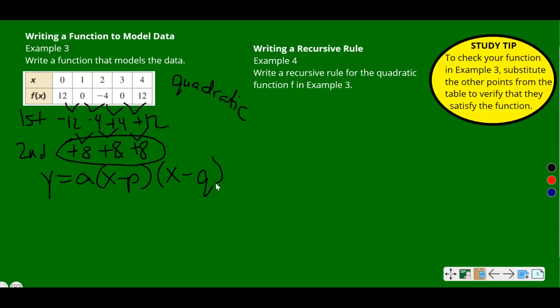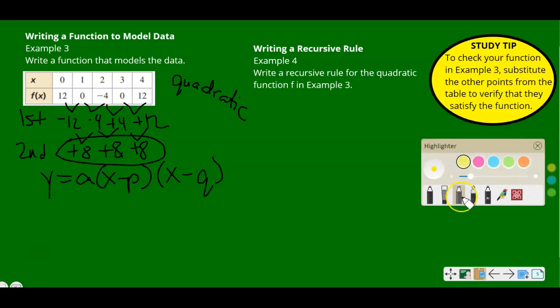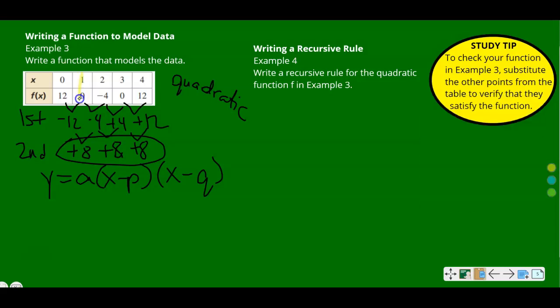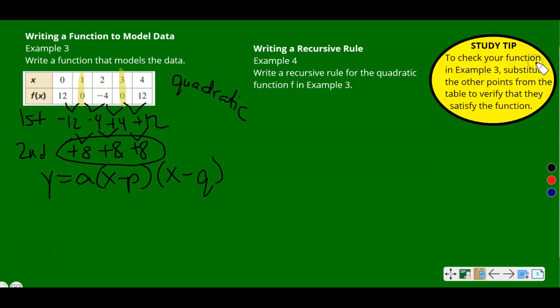All right, so our x-intercepts again, we can see here are 1 and 0 and 3 and 0. So I'm going to substitute those for p and q. So I'm going to have y equals a times x minus 1 and x minus 3.